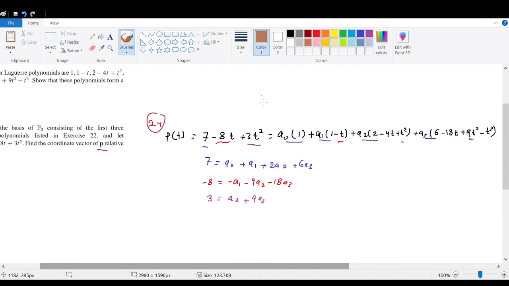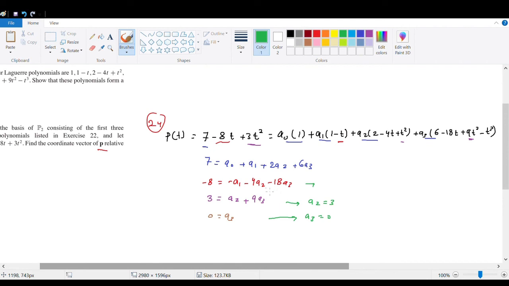Then the last one we have, so last one is a3, because here we have t power 3, so 0 is equal to a3. So from here, to solve this one and find the coordinate vector, a3 is equal to 0. From here, a2 is equal to 3.